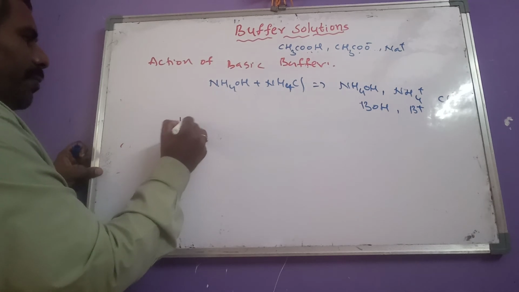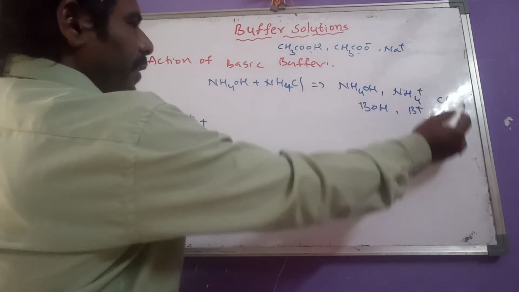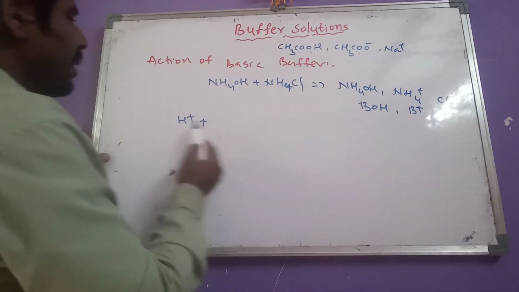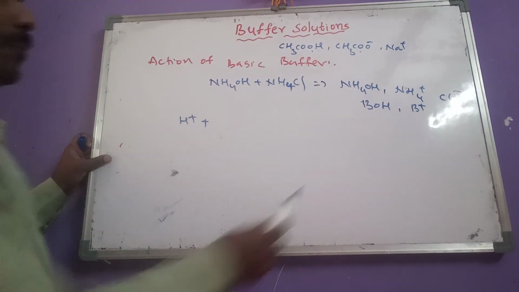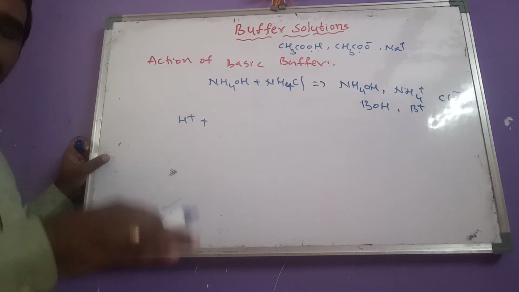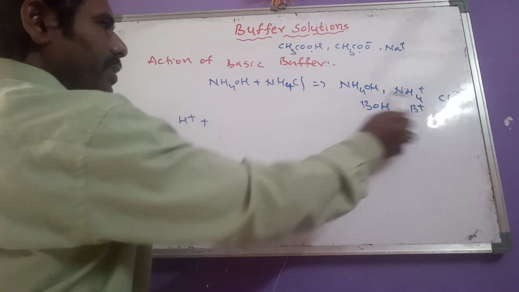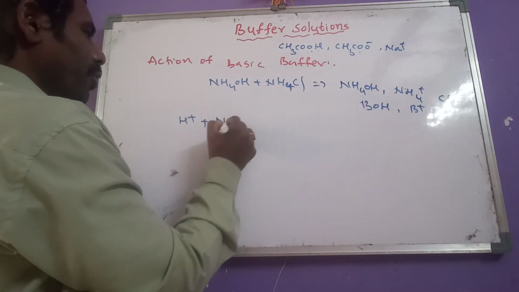Now if a small amount of acid is added, see which will react. NH4 plus and H plus: no reaction. Cl minus and H plus: reaction is there, but again some extra acid is produced, so this is also not a good choice. Now come to NH4OH.